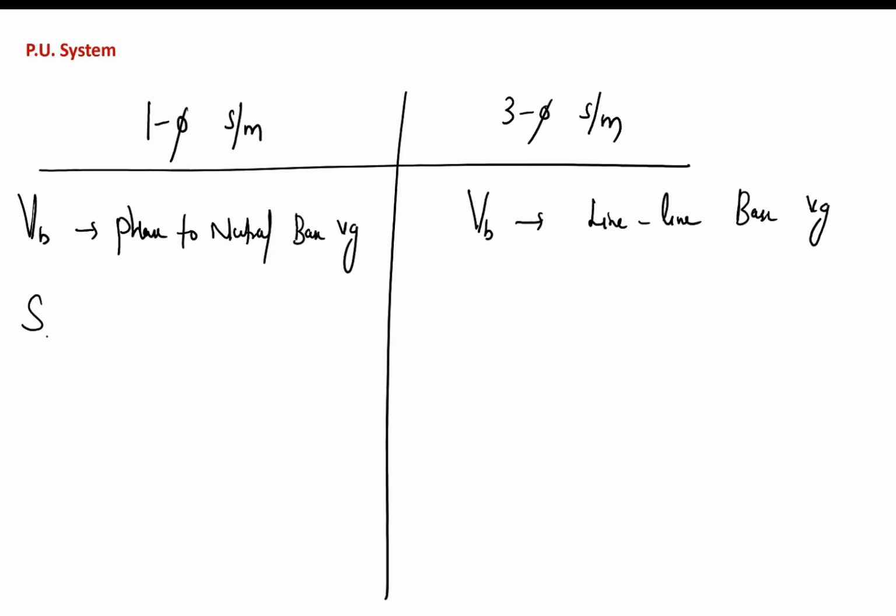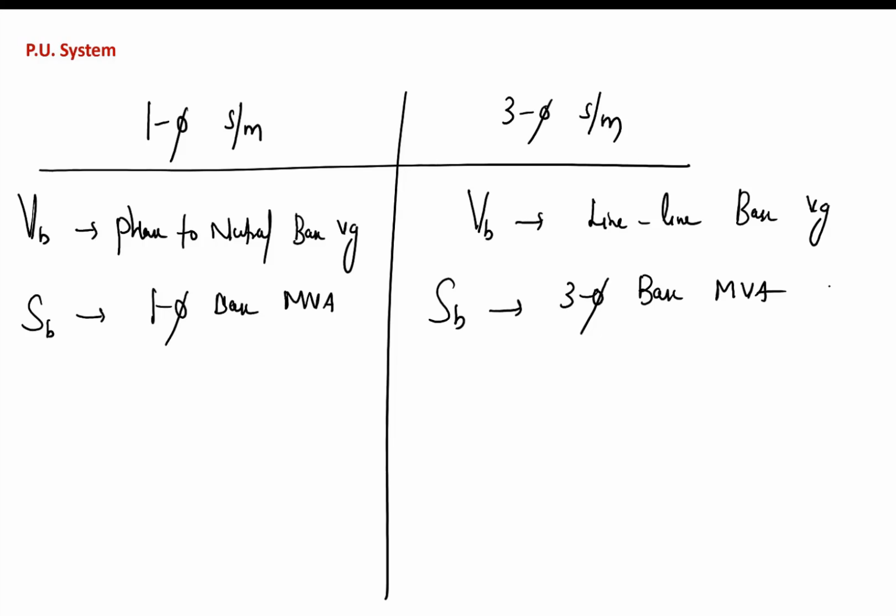In single phase system your base MVA is single phase base MVA or base volt amperes, but in three phase system this is three phase base MVA or base volt amperes. That is the only difference which you have to remember. Otherwise, all three formulas are exactly the same.